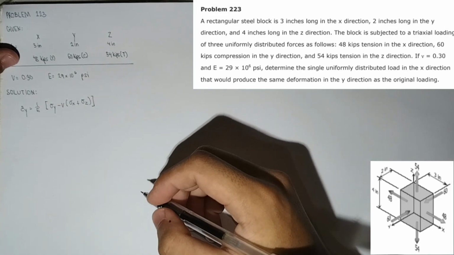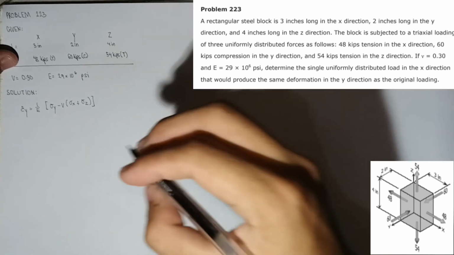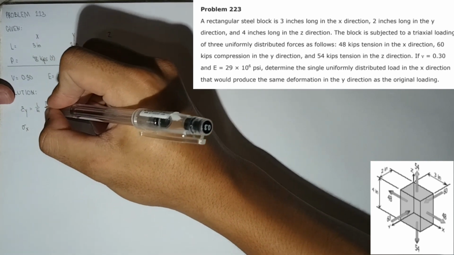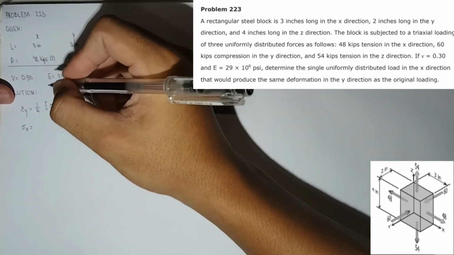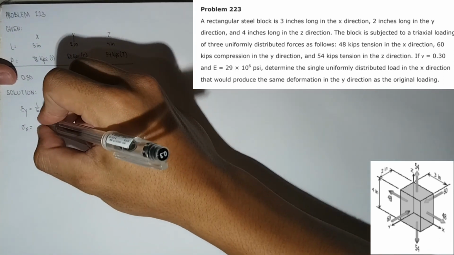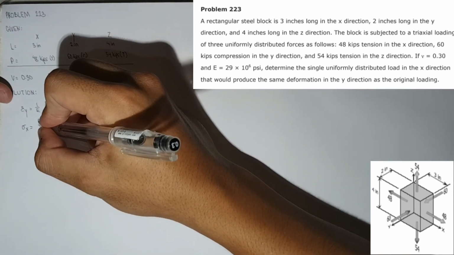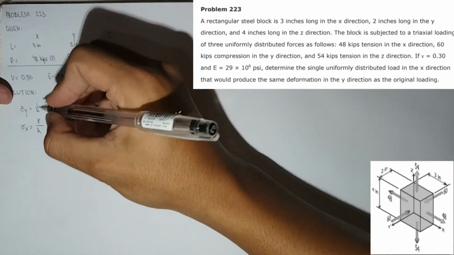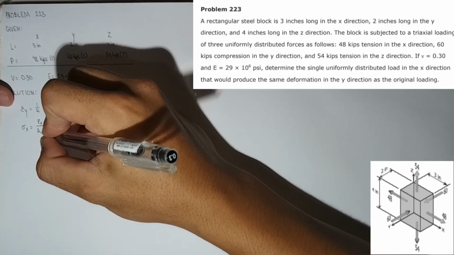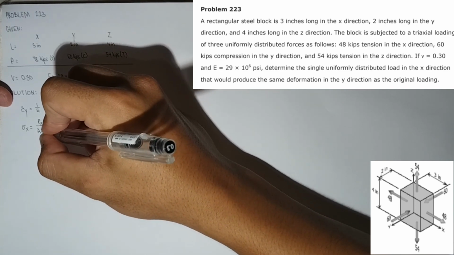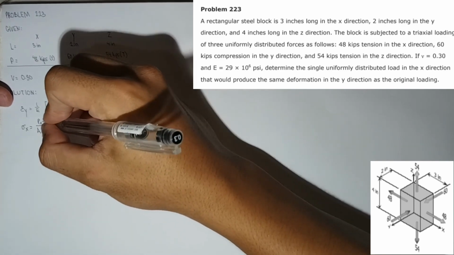Okay, let's go first for stress in x direction. As we all know, the formula of stress is equal to P over A, force over area, Px, and here in the A we have Yz.